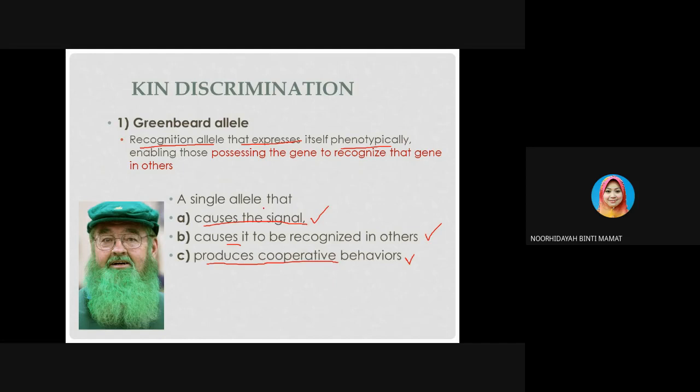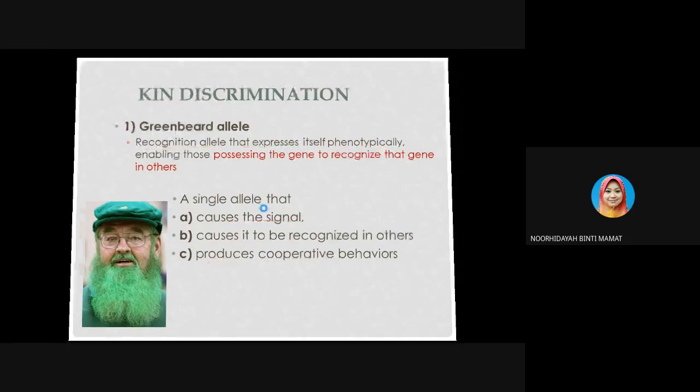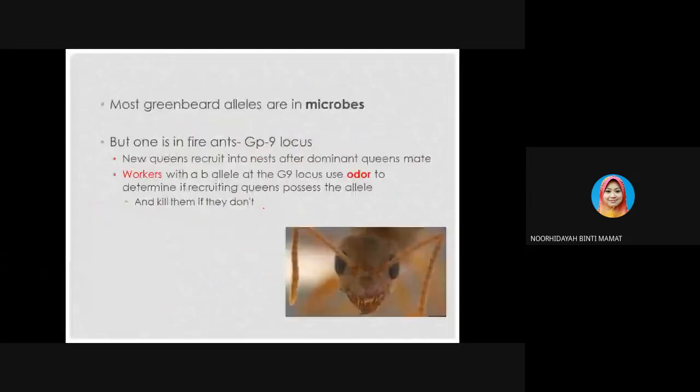So this is the first mechanism by which animals can discriminate towards their relatives, the green beard allele. Most green beard alleles are in microbes, but one is in fire ants, which is the GP9 locus.